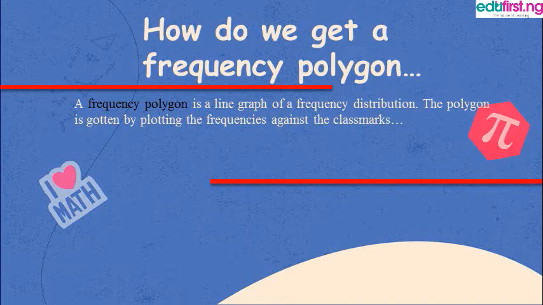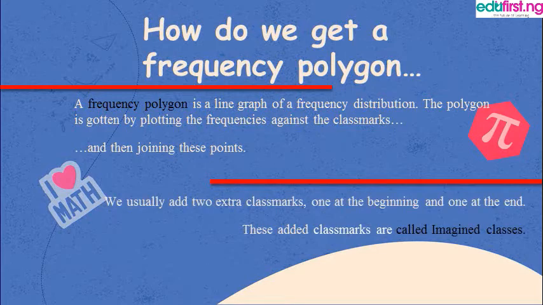So what we do is simply plot the frequencies, which is on the vertical axis, against the class mark, which is on the horizontal axis. And then we join these points. In a frequency polygon, we usually add two extra class marks, one at the beginning and one at the end. These added class marks are called emerging class marks.